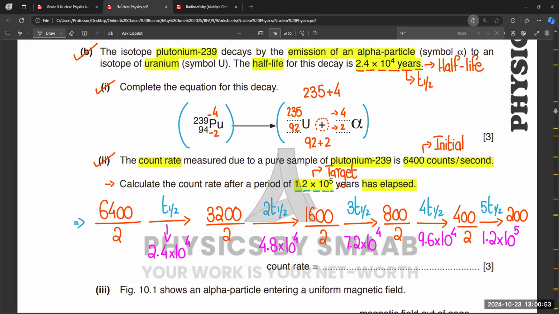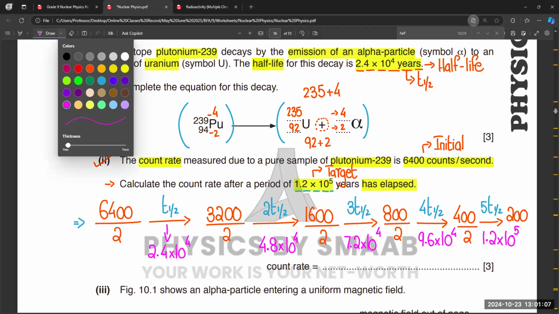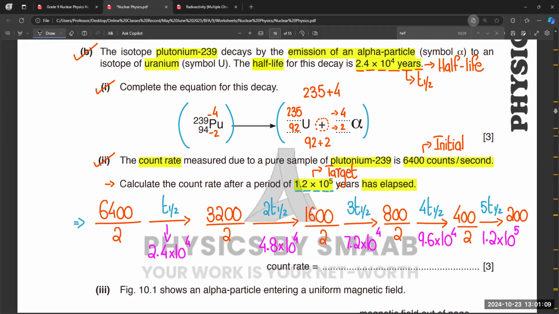How did we get 1.2 multiplied by 10 exponent 5? We added 9.6 and 2.4. Basically, initially we started from 6400, and 6400 decreased to 3200, and this is your time duration.